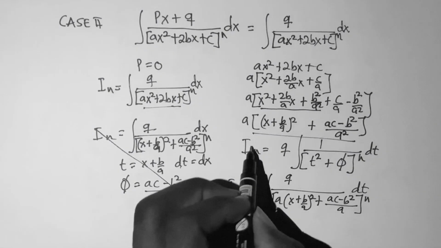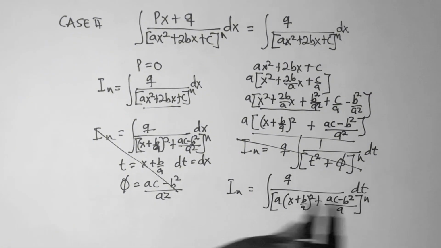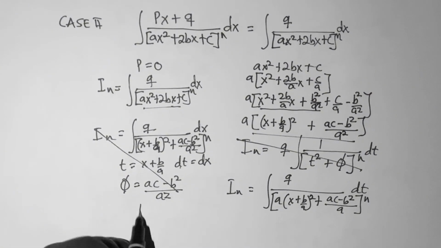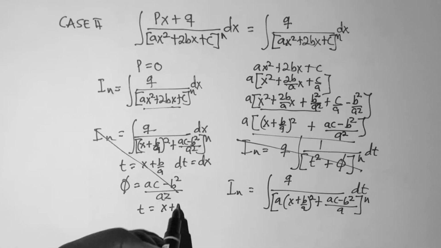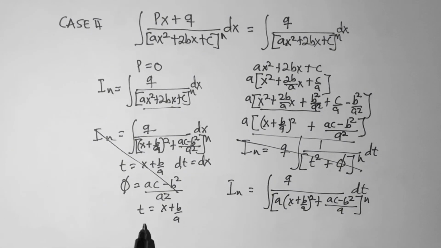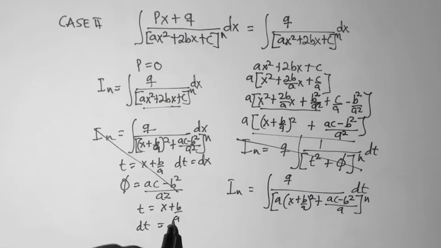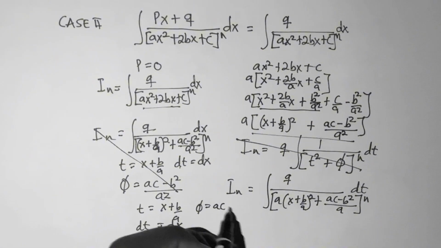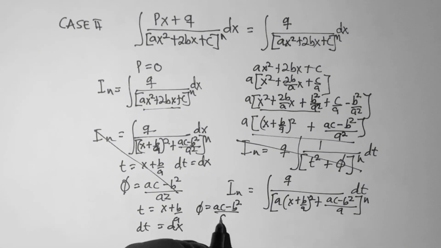Having gotten this, let t be equal to x plus b over a, so dt is equal to dx. And let phi be equal to (ac minus b squared) over a.